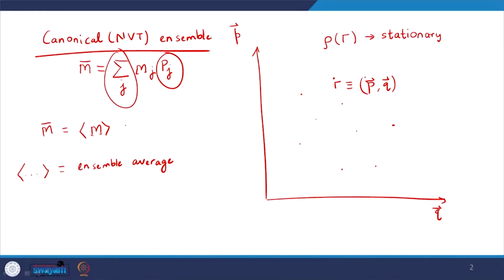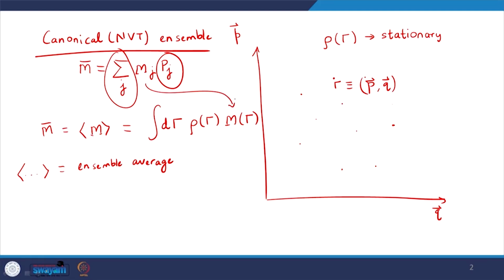So this average value of M can then be represented in continuous space as something like the integral of d gamma, rho of gamma, multiplied with M of gamma. And why is that? Because I am replacing M_j by M of gamma.